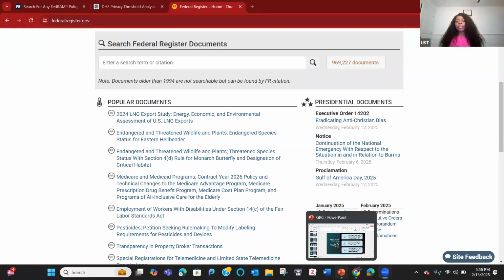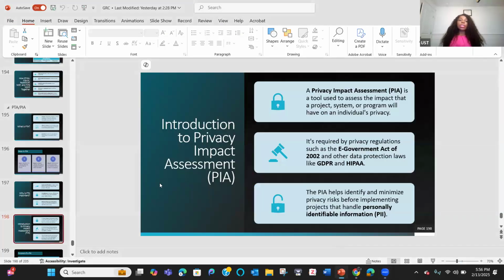Apart from that, this is what SUN is. And then let's go back and discuss PIA. So you've determined, once we fill it, that the system is PIA positive, which means that it collects a lot of PII. But what is PIA? Okay, a privacy impact assessment is a tool used to assess the impact that a project, system, or program has on an individual's privacy.